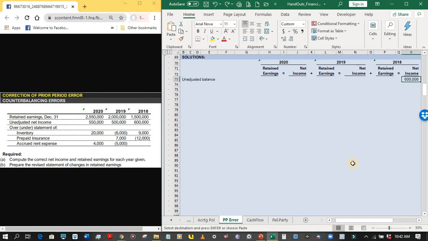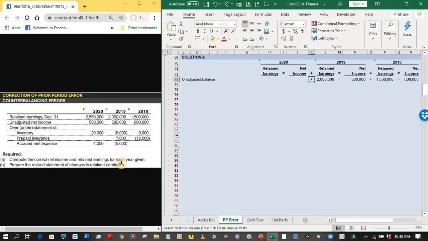So starting with the 2018 unadjusted net income, so that is 600,000 pesos. Then the retained earnings at the end of 2018 is 1.5 million. Then the net income in 2019 is 500,000 pesos. Then 1.5 million plus 500,000 pesos is 2 million pesos, which is the unadjusted retained earnings in 2019.